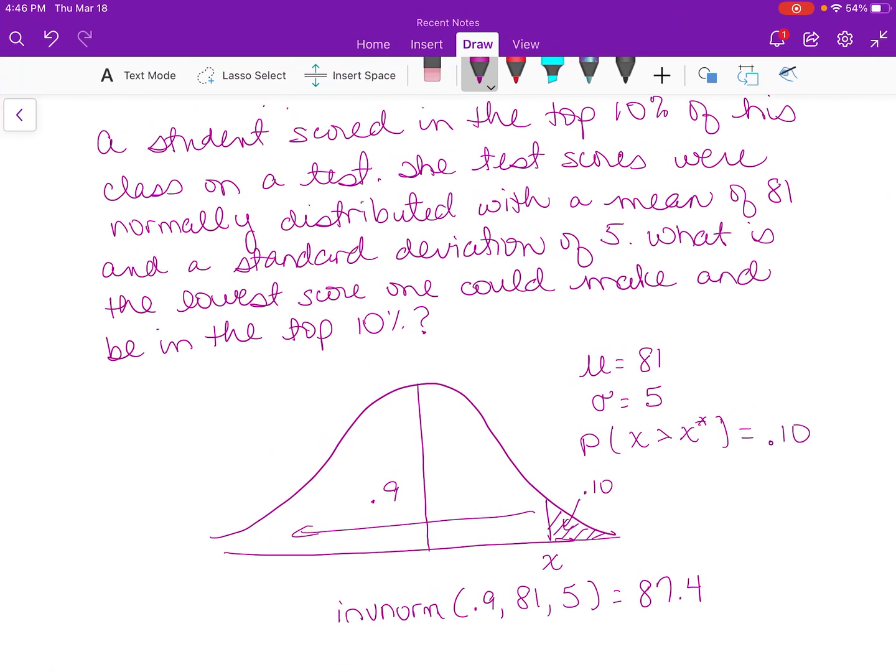And so if you look at your normal curve, 74.6 would be down here. And that wouldn't make sense that my X value for the top 10% was below the mean. So hopefully you will be looking at that whenever you are assessing your answers to see if they make sense. And that ends section 5.3.